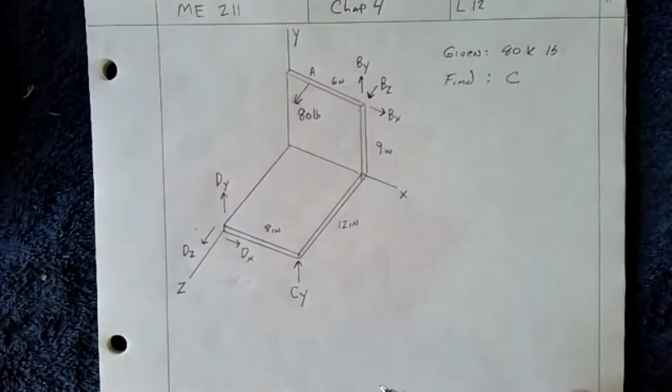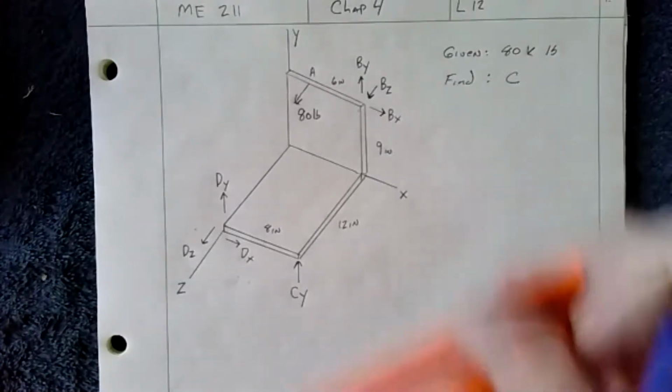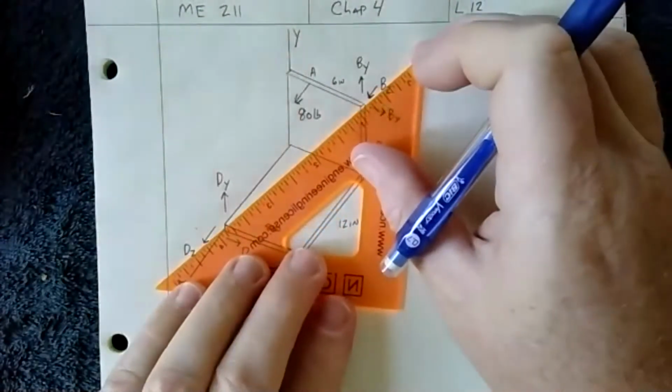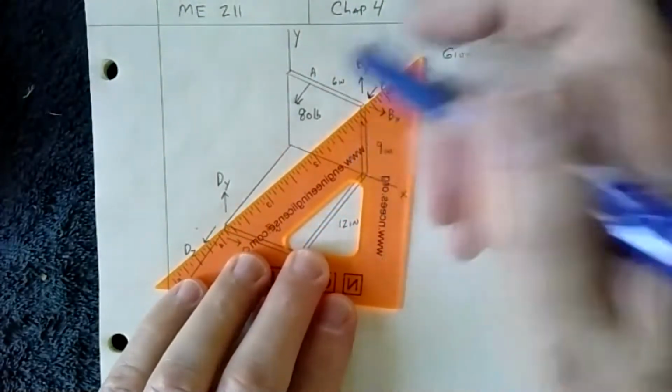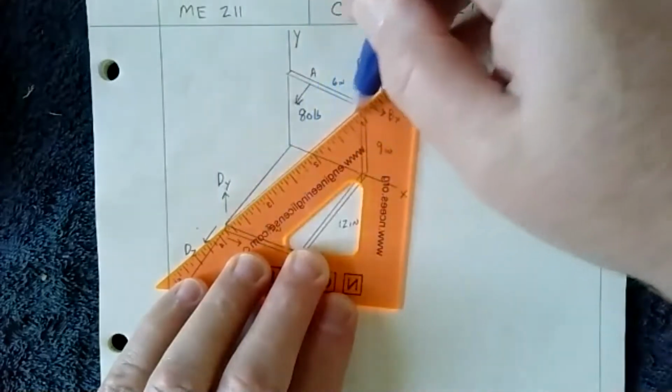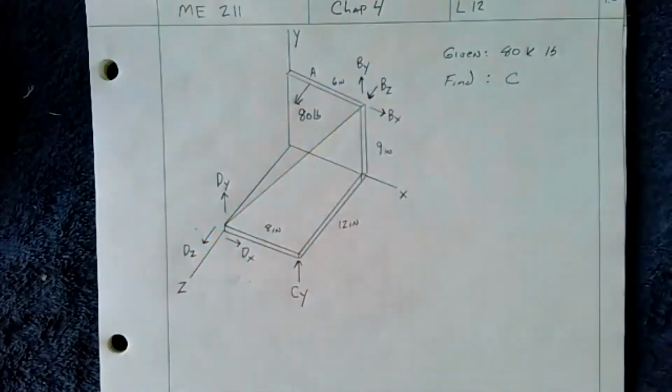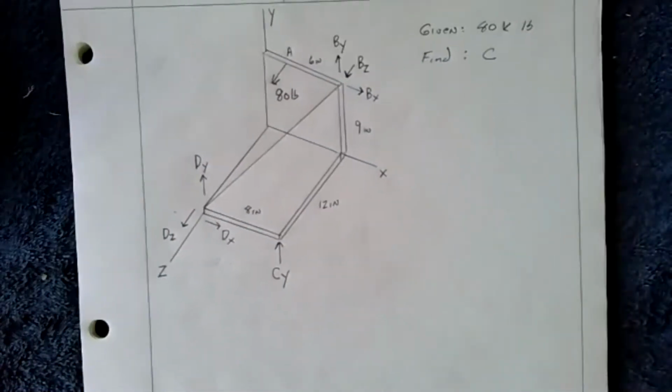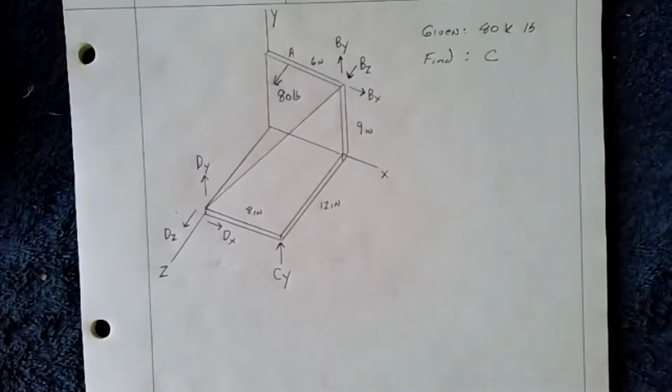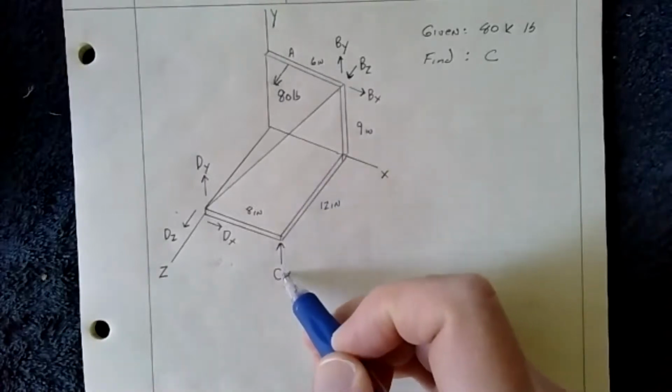Just like we sum moments about a point to get rid of unknowns, we can also sum moments about a line to get rid of unknowns. So if I go ahead and draw a line from here to here, then if I sum the moments about that line, I only have one unknown, don't I?